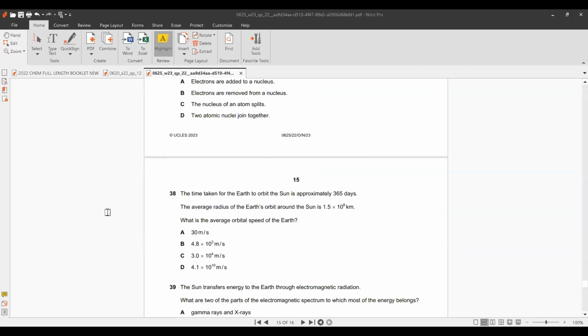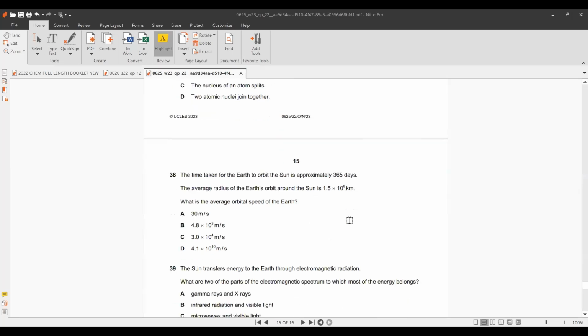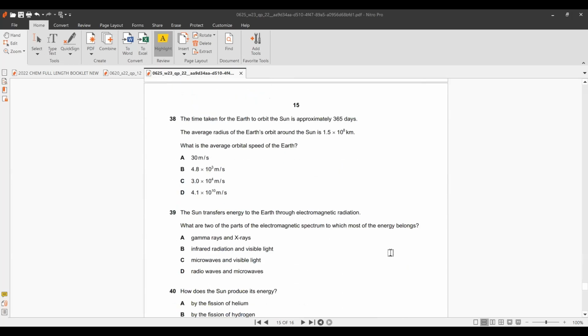Also keep in mind that whenever we are discussing nuclear reactions, the E equals mc squared equation always applies, which tells us that energy is converted into mass and mass is converted into energy. Whenever there is a nuclear reaction, the mass would also reduce because a part of the nucleus would be converted into electromagnetic energy. So keep these points in mind while you're doing these kinds of questions.